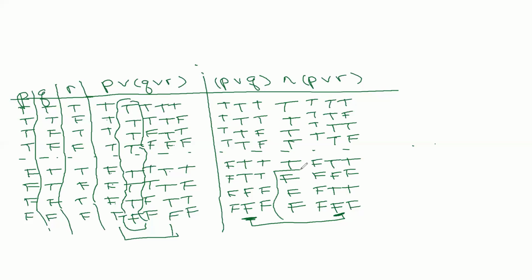So you notice this is not the same as the bottom 3 answers here. So these are not equivalent statements. So the statements are not equivalent, the diagrams are not equivalent.